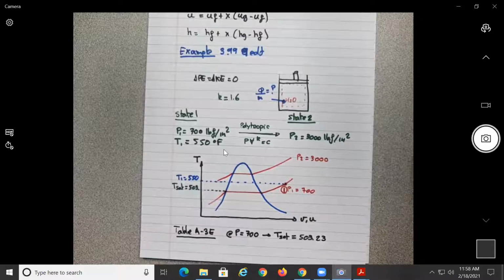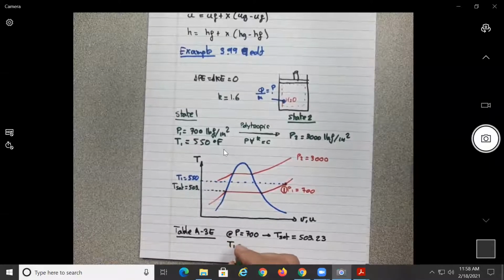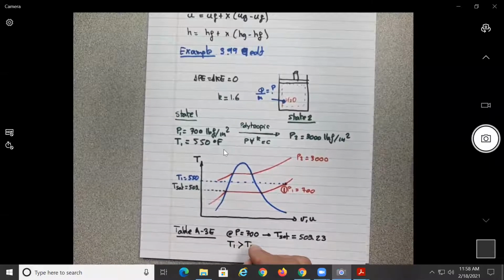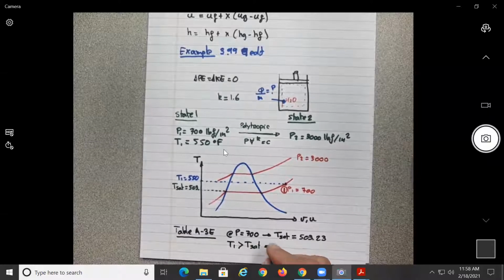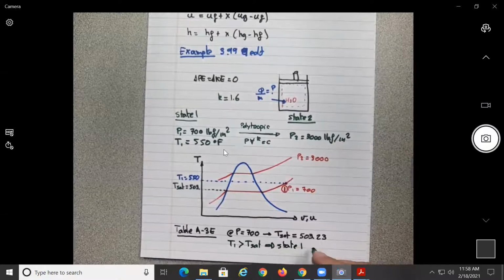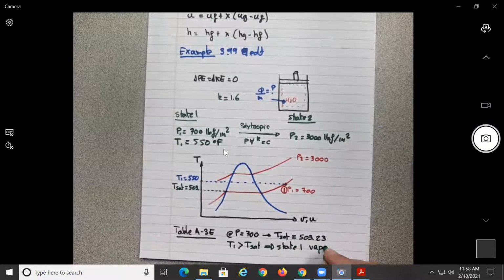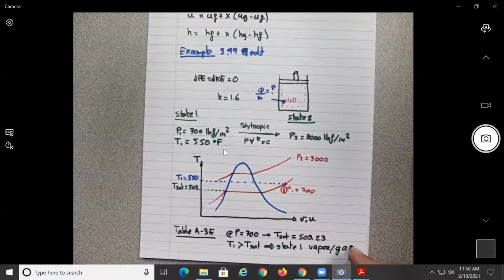Okay, so from this equation, you can say that since T1 is higher than T saturation, state 1 is vapor or gas state, okay? This is basically what we just did.